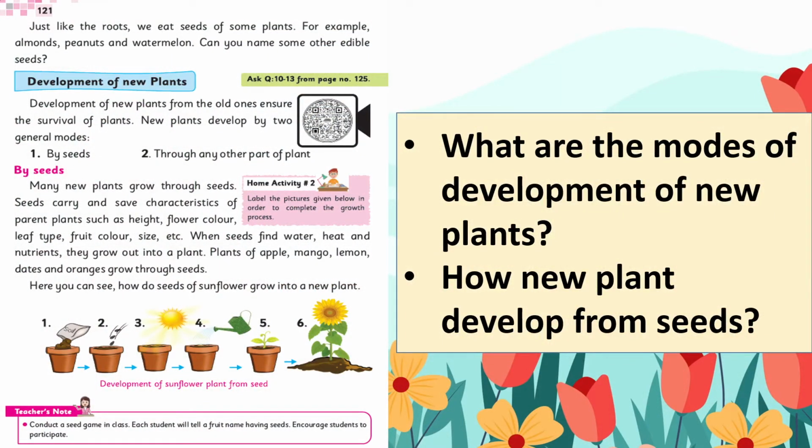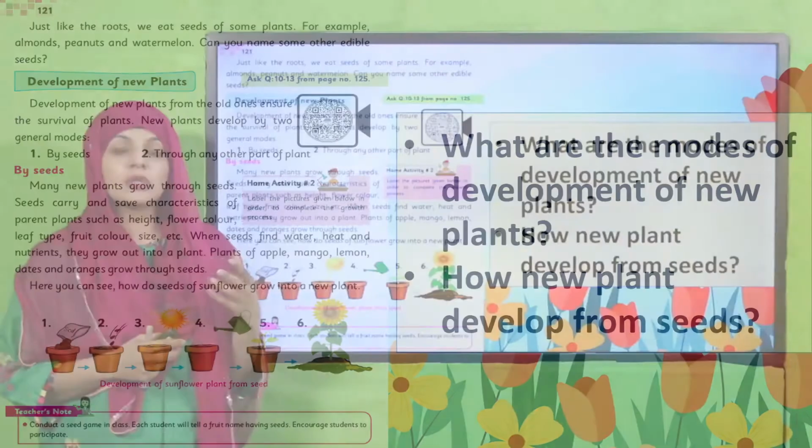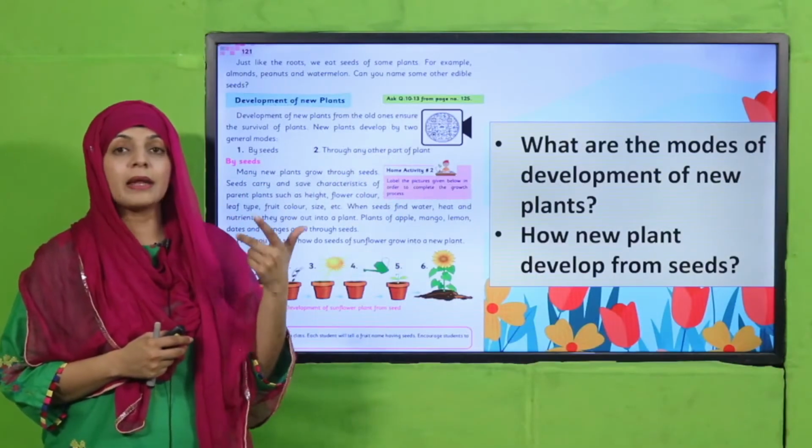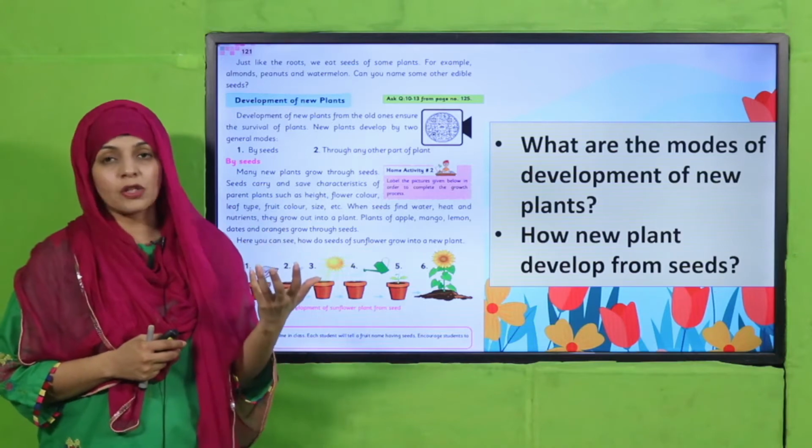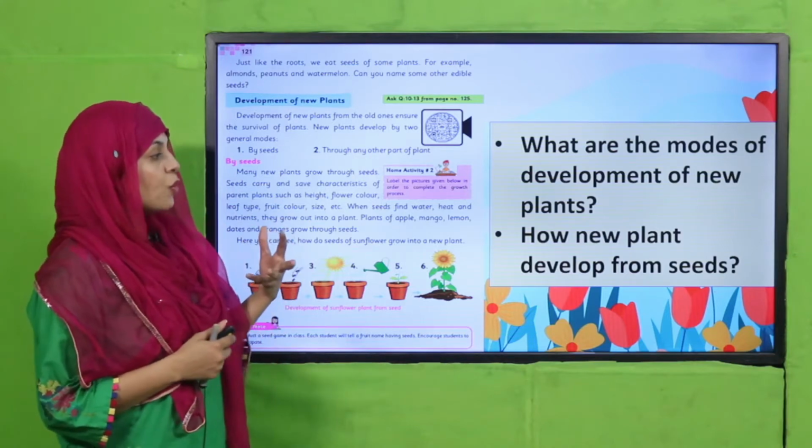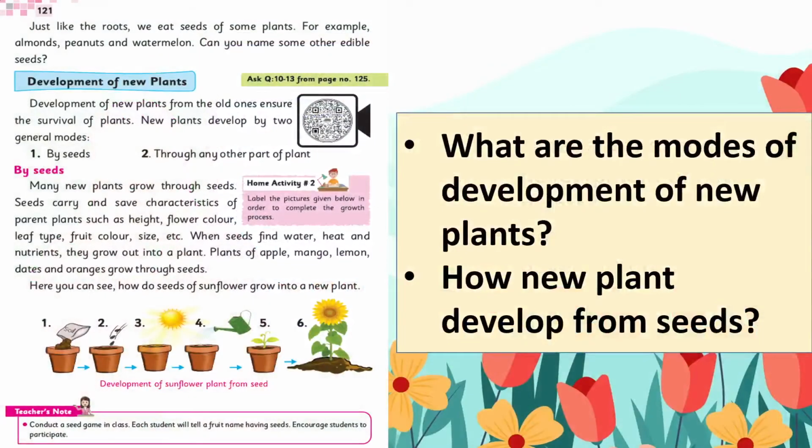यानी कि new plants कैसे reproduce होते हैं? They are reproduced by seeds and by other parts of the plant. So how new plant develop from seeds? So the seed, when we sow it inside the soil, जब हम इसको मिट्टी के अंदर लगाते हैं, तो inside the embryo there is a small plant. यानी कि seed के अंदर एक छोटा सा embryo होता है, एक small plant होता है, जो कि जब उसको तमाम conditions necessary होती हैं, मिल जाती हैं जो उसको चाहिए, तो it turns out or germinates into a new plant.